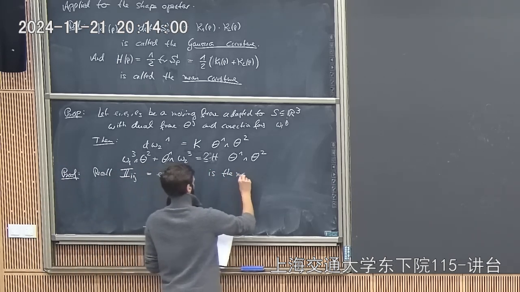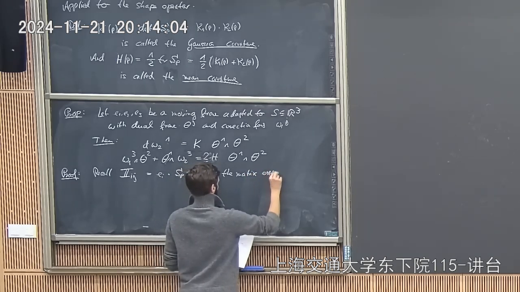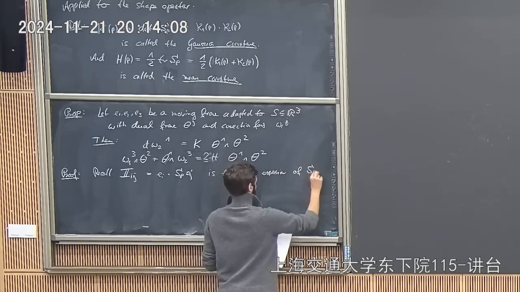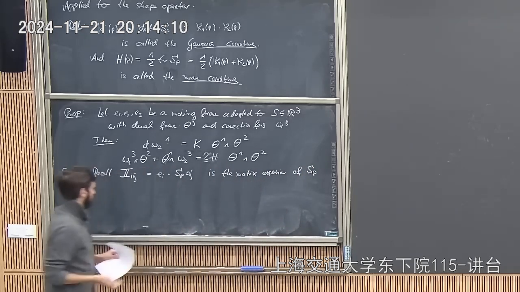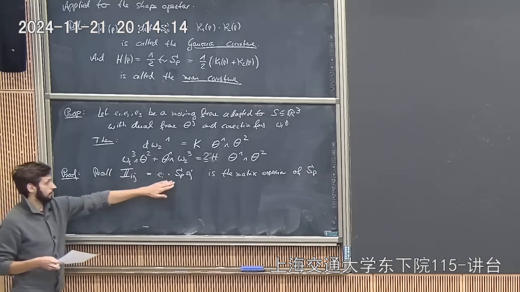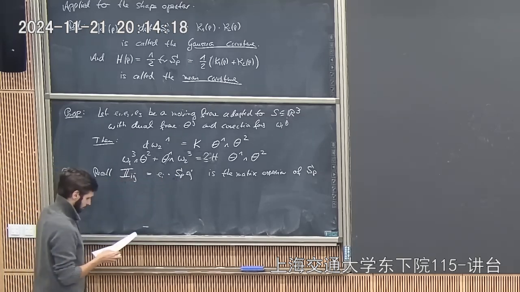It is the matrix expression of the shape operator. So the entries here give us the shape operator, but as a matrix.